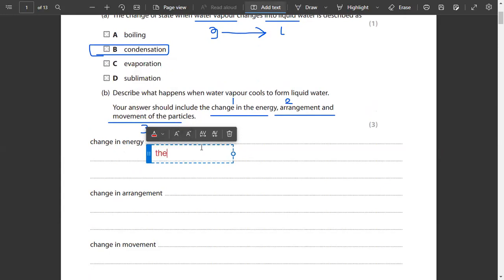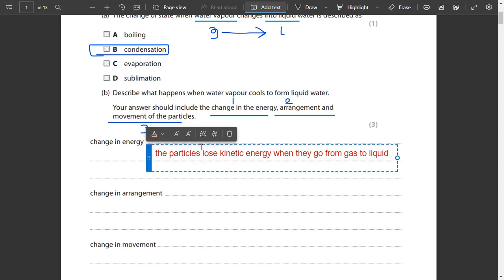Obviously, particles lose kinetic energy when they go from gas to liquid. One thing always remember, whenever something goes from solid to liquid to gas, you have an increase in kinetic energy.